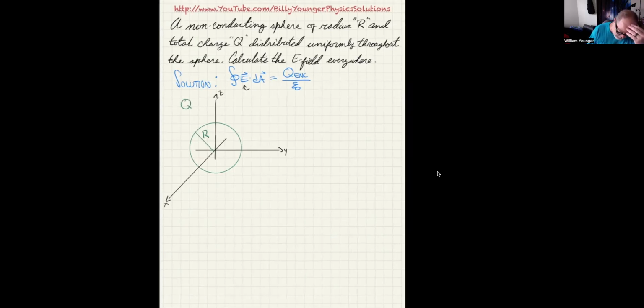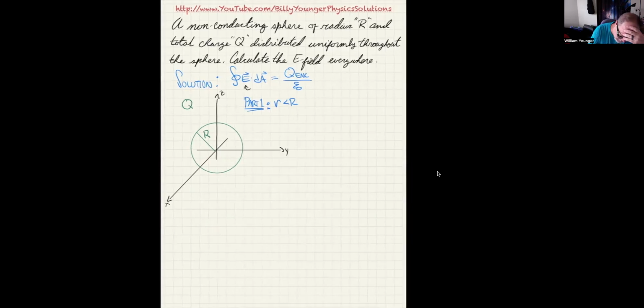So first off, we're going to do part one, which is little r less than big R. In other words, we're going to imagine being inside of the sphere and then try to compute what fraction of the total charge Q is inside of there. So I'm going to draw my Gaussian surface.